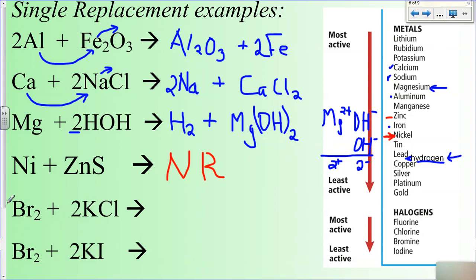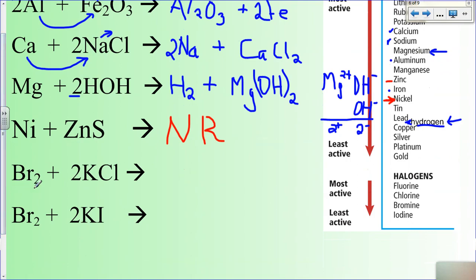Take a look at our next example. In this example, we have bromine. Bromine is a halogen. Bromine is third down on the list of our halogens as reactivity goes. So bromine would like to come in and replace the thing that is like it. So does it want to kick out the potassium or does it want to kick out the chlorine? I hope you said chlorine.